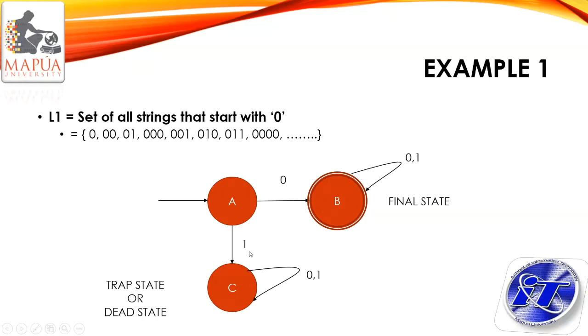Again, C is a trap state or a dead state, wherein all rejected strings will just fall in the C state. All acceptable strings will be on B.